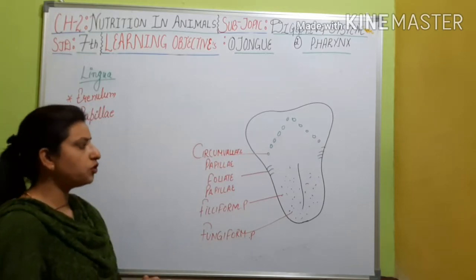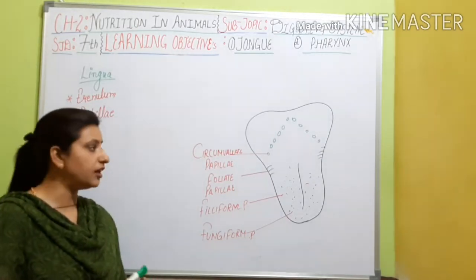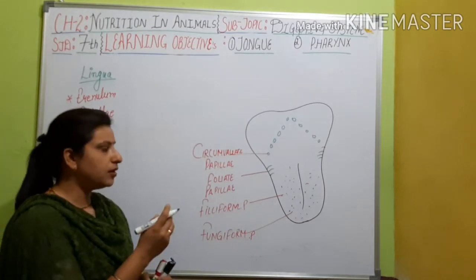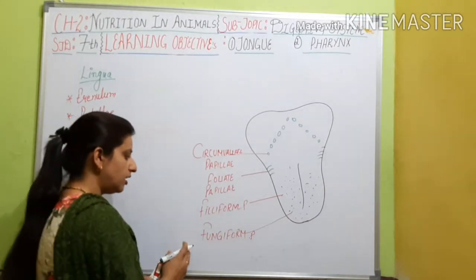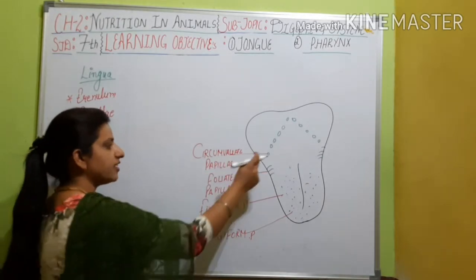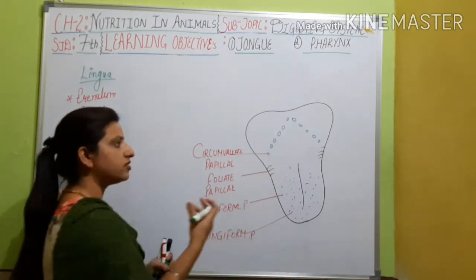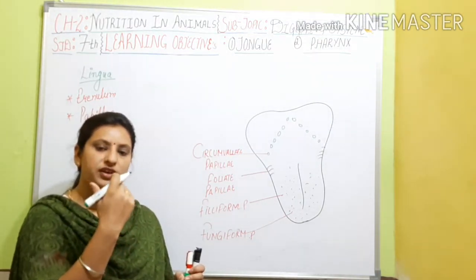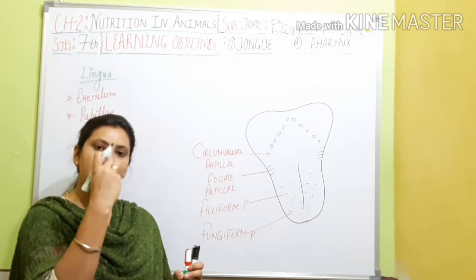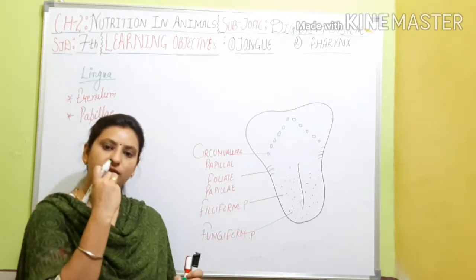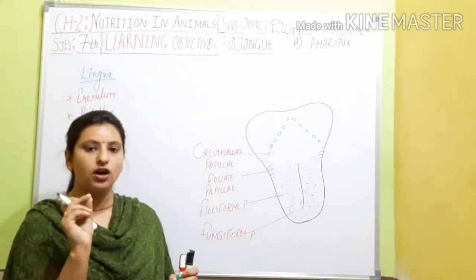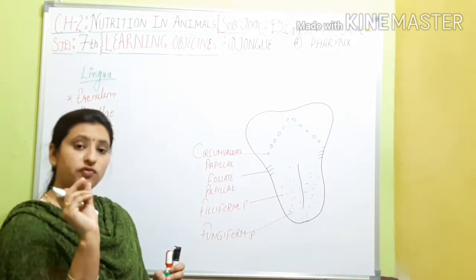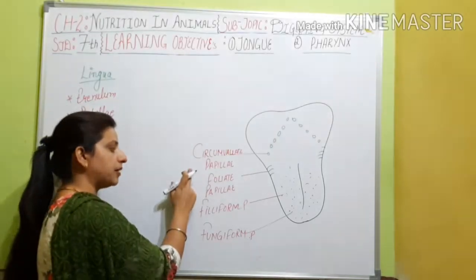If we go for the structures of the papillae, circumvallate is the biggest of all the papillae, bigger in size and very few in number. If you see your tongue in the mirror, at the point where the tongue is attached to the buccal cavity, at the last point you will see little larger papillae, and they are the circumvallate papillae.